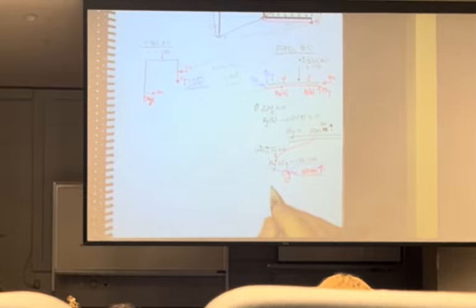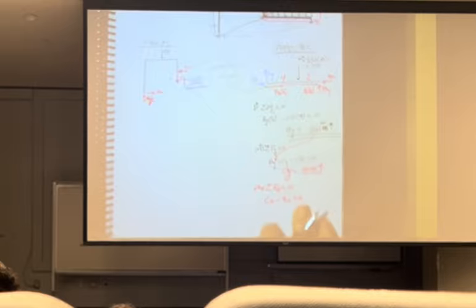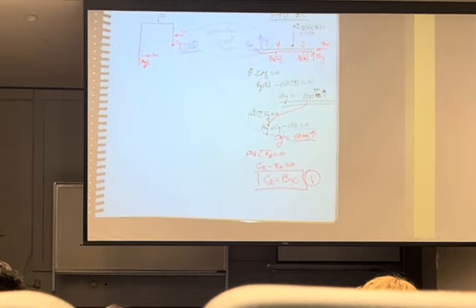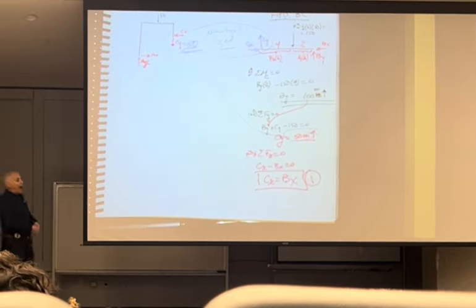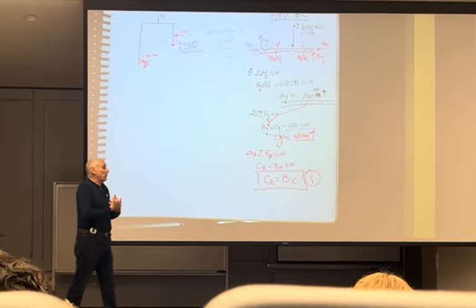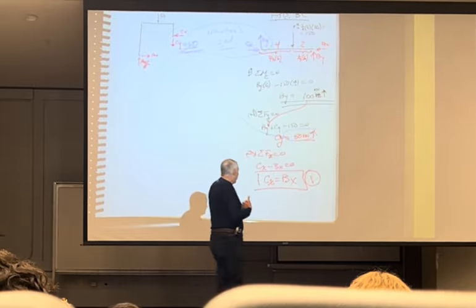And then lastly, I can say some forces in the X equals 0 positive to the right. Cx minus Bx equals 0. Or Cx equals Bx. Don't be shocked if when we get to chapter 6, you end up with a relationship like this.